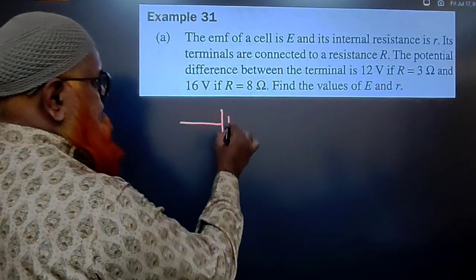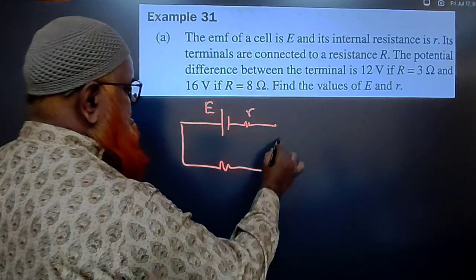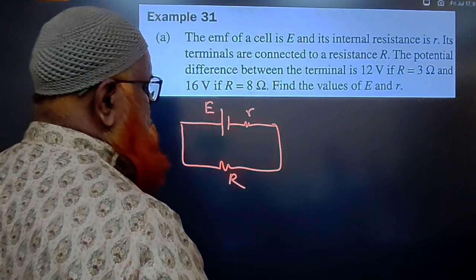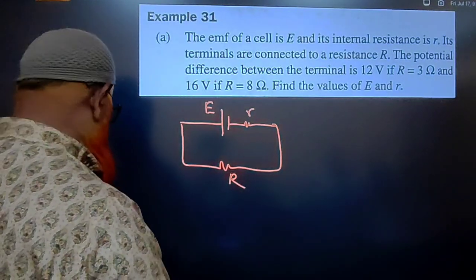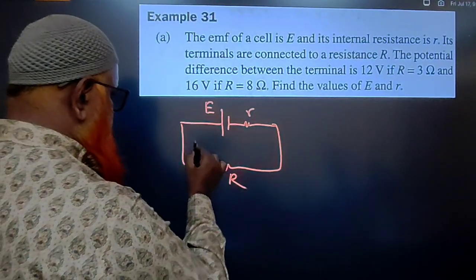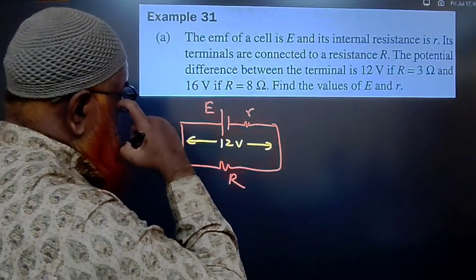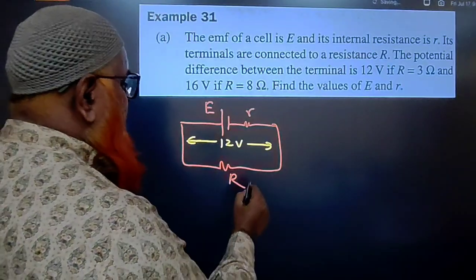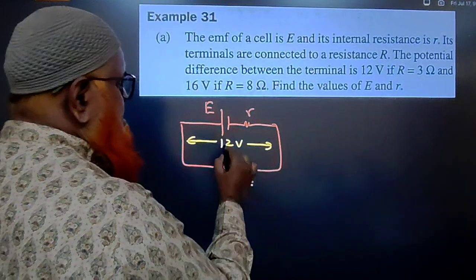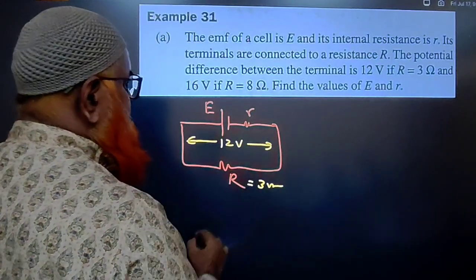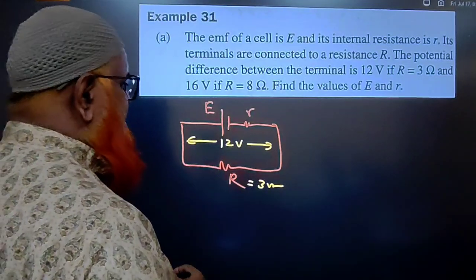There is one cell E, internal resistance small r, connected to external resistance capital R. The potential difference between the terminals is 12 volts when R is taken as 3 ohms, and 16 volts if R is taken as 8 ohms.